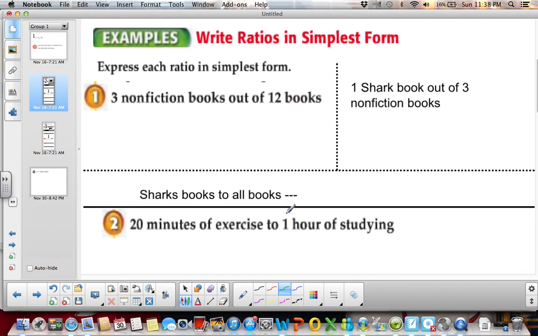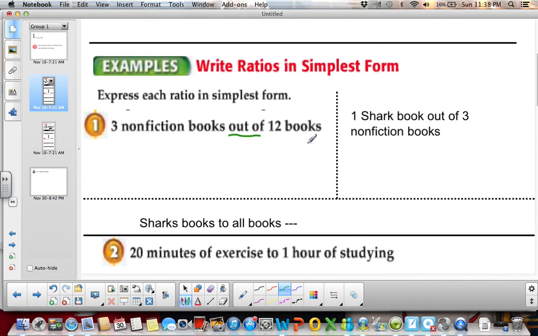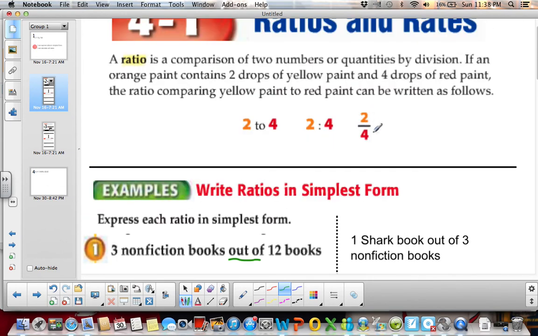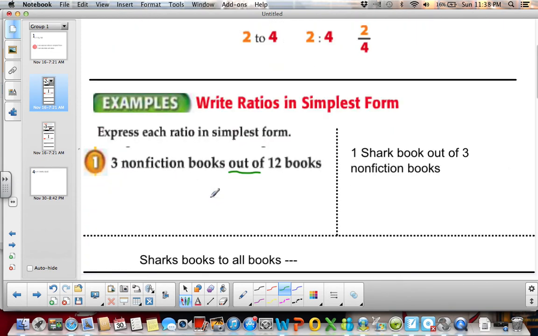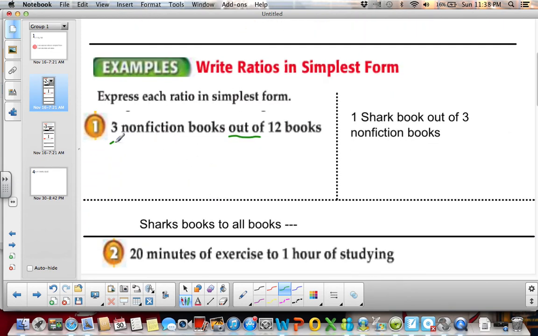Okay, so if we want to write ratios in simplest form, if we have 3 nonfiction books out of 12 books, if it says "out of," we know that we want to write it as a fraction. So I would write it as 3 out of 12, because there's 3 nonfiction books out of 12 books.